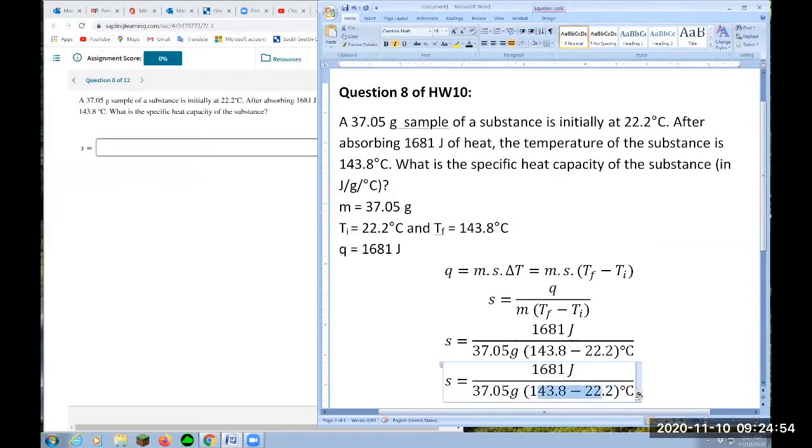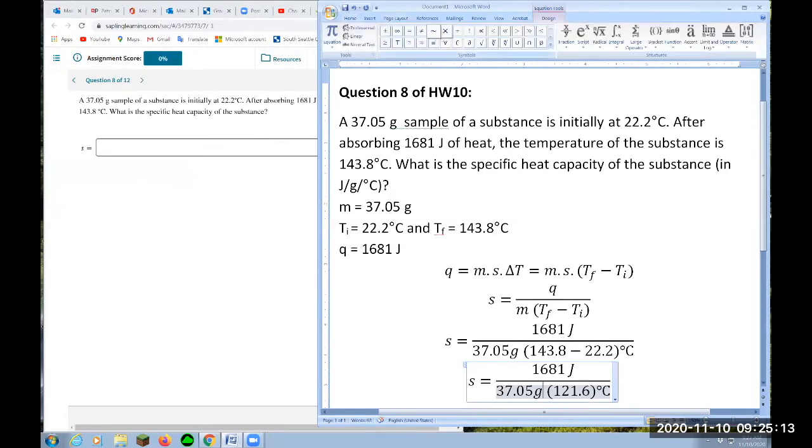And the calculator answer is 121.6 in my case. So I need to know how many significant figures this becomes now, because now we are doing a multiplication and division, multiplication here, division otherwise. And so it is important to know now the number of sig figs. That's why we need to know this intermediate answer.